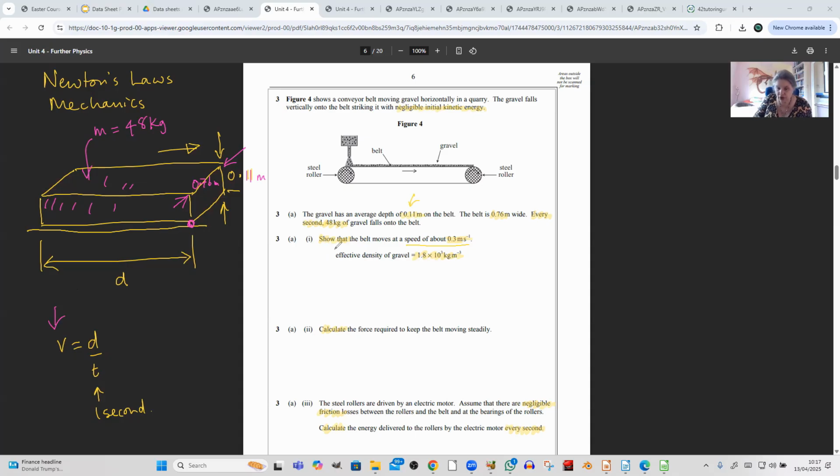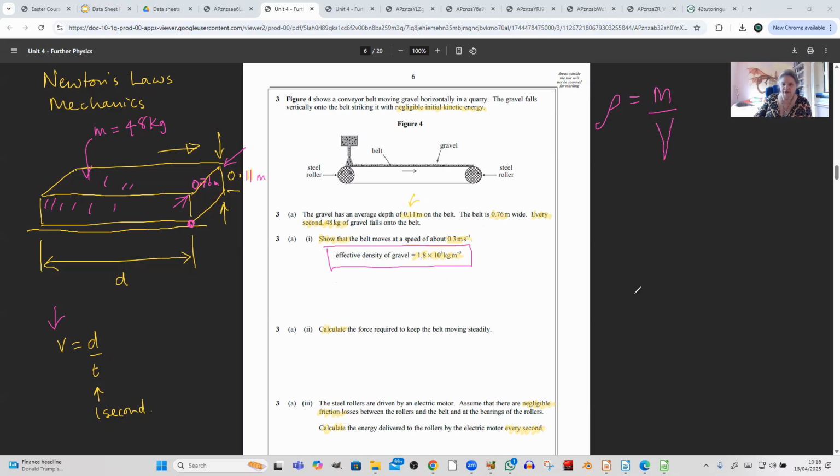Right, now it says show that the belt moves at a speed of about that. So that's our velocity that we want to figure out. And then there's this enormous clue, which is the density. They've given you the density. What's the density equation? It's mass over volume. Okay, mass over volume.